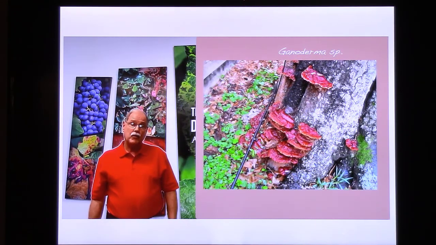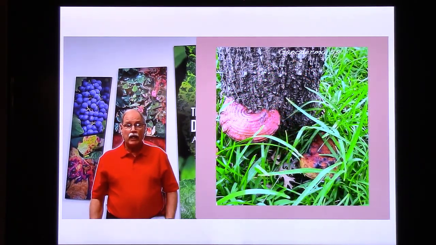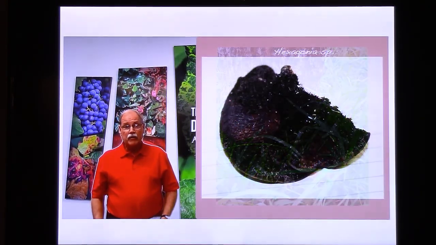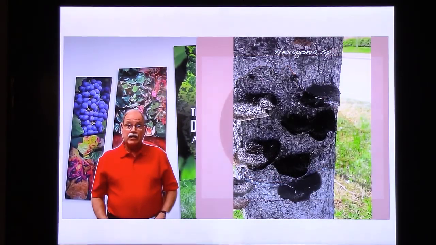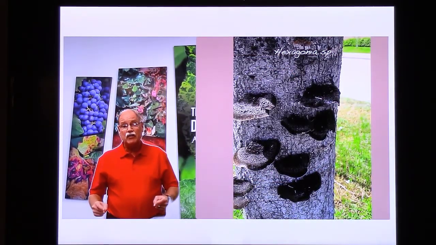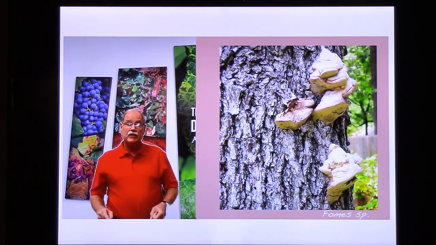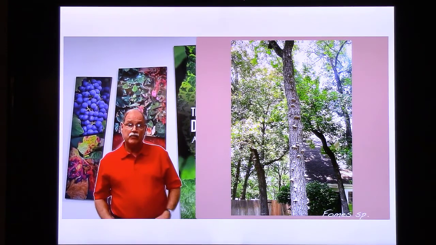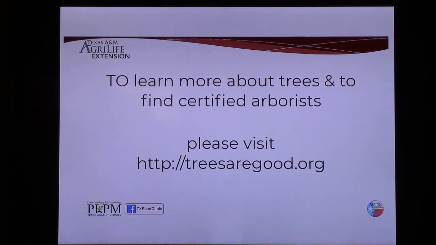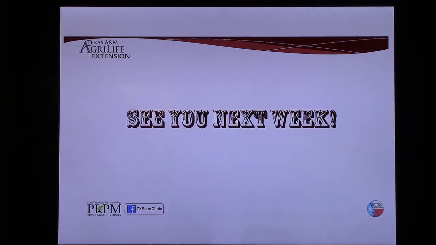These organisms, for the most part, have the ability to live on dead, decaying organic matter, but a select few of them can actually kill a living tree. So we need to take that in consideration when we see it, because if the activity is too much for the tree, then it's going to be destabilized and it's going to blow down under high winds. If you find this fungi on your tree, please have it checked out for structural integrity to avoid it becoming a hazard tree. See you next week.